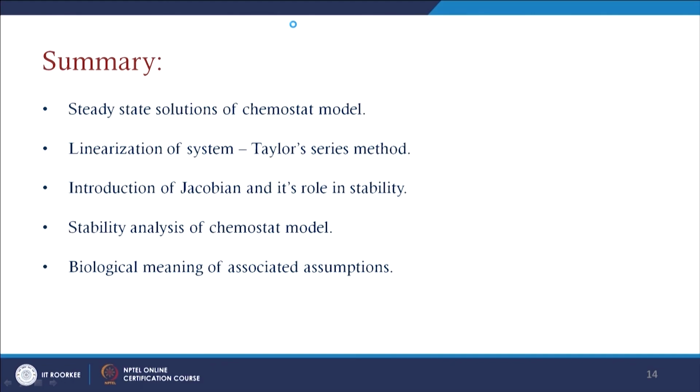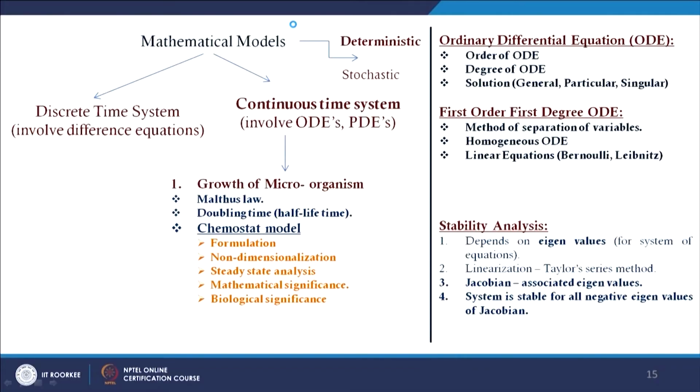Then we discussed the stability analysis of the chemostat model and its biological meaning, where we used these assumptions. And up to now we have discussed different mathematical models, like deterministic and stochastic, and at the beginning we discussed the discrete time system, which involves difference equations in one parametric form and two parametric form.